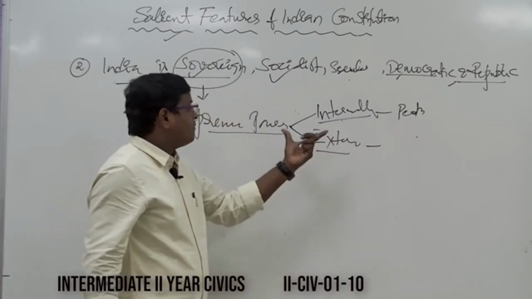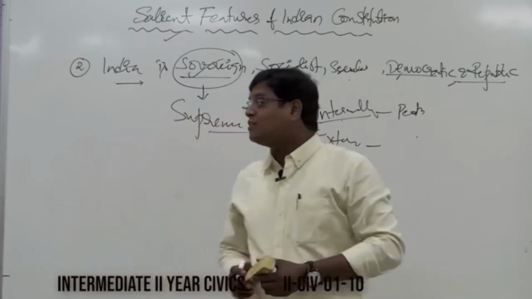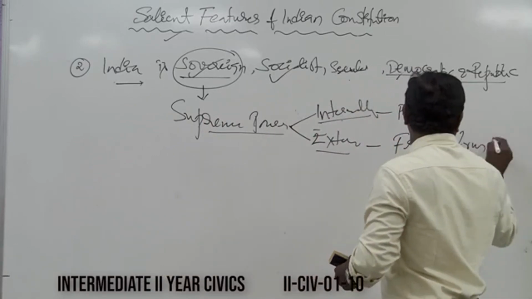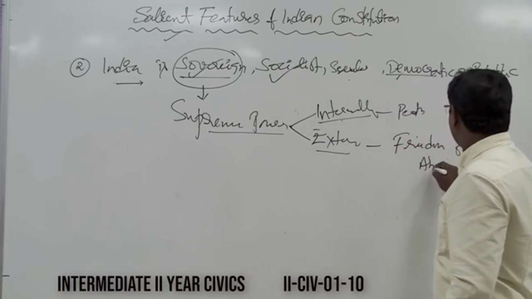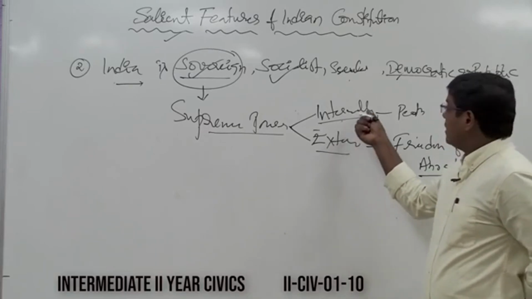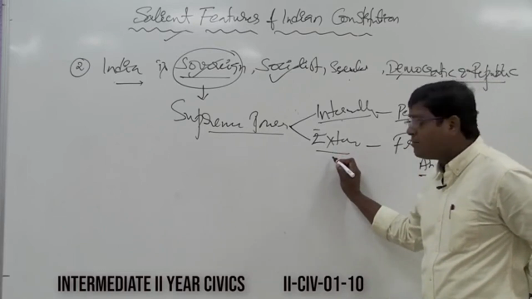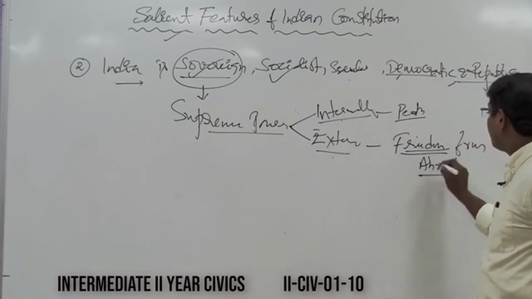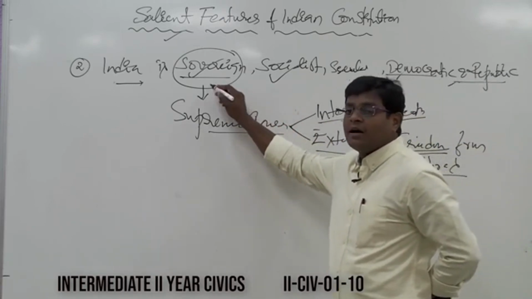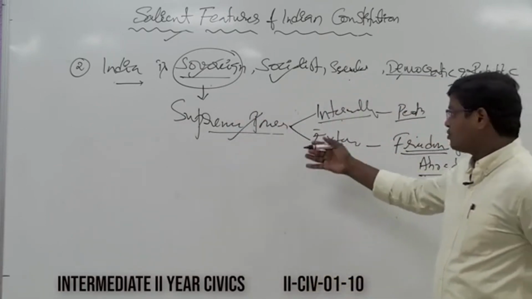Externally, India enjoys supreme power over other states. While taking any decision in India, the Indian government enjoys supreme power over the people. From the point of view of external sovereignty, India enjoys freedom from abroad. While enjoying internal sovereignty, it has full command over the people. While enjoying external sovereignty, it enjoys freedom from other countries abroad. So India is a sovereign country. India never obeys external burden or external obedience.